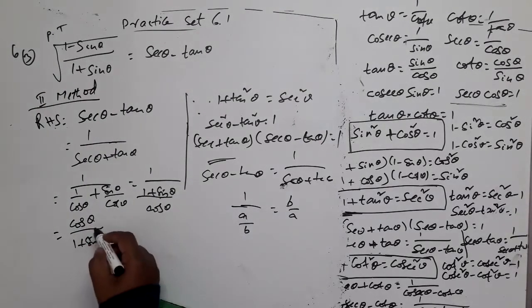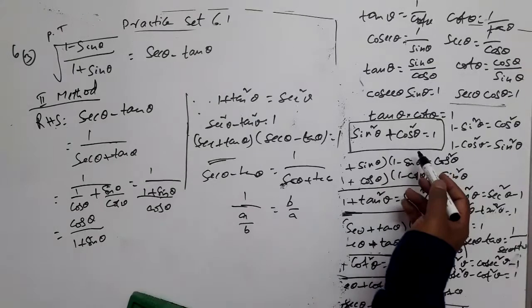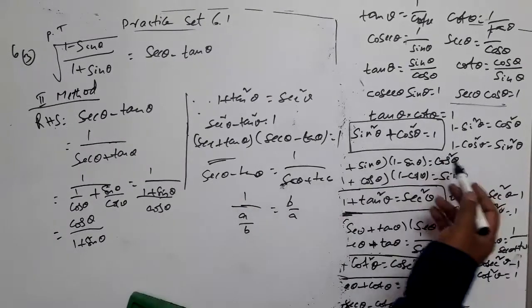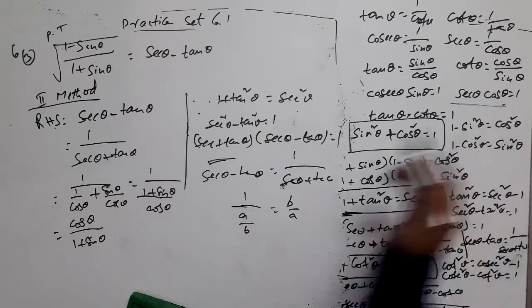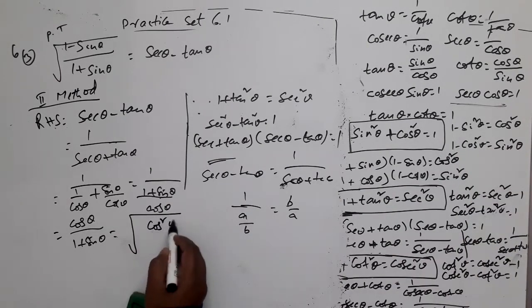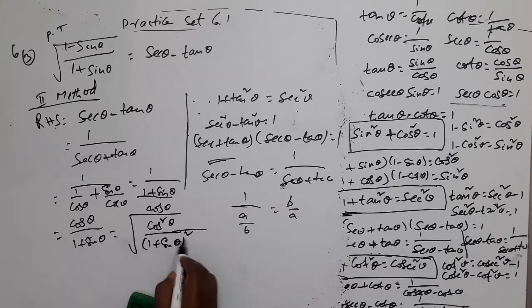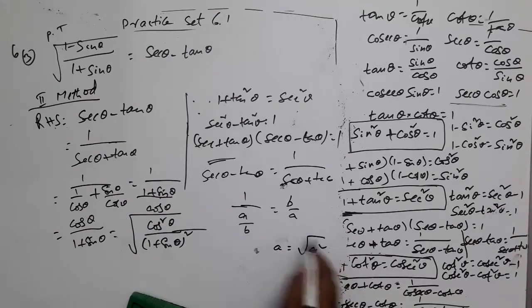Cos theta, sin theta are involved in the first identity. From this, if I have cos square theta, I can replace that by 1 minus sin square theta. So I am writing this as square root of cos square theta by 1 plus sin theta whole square. Can I write like this? If I have a, I am writing this as root of a square.